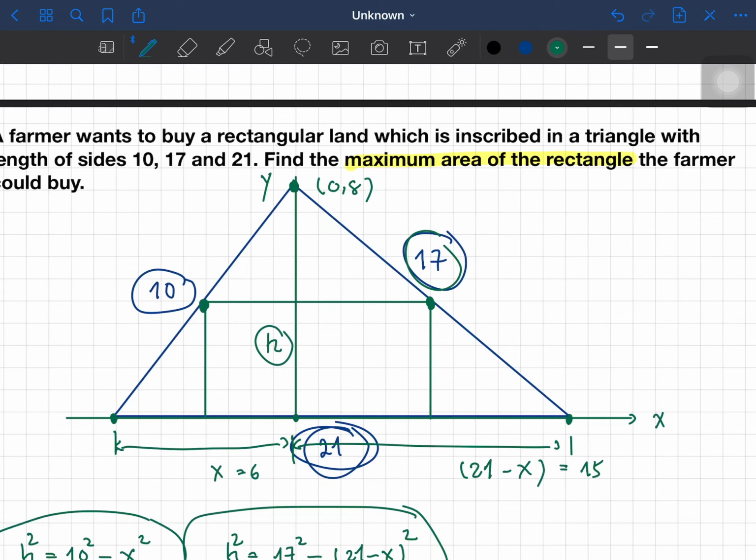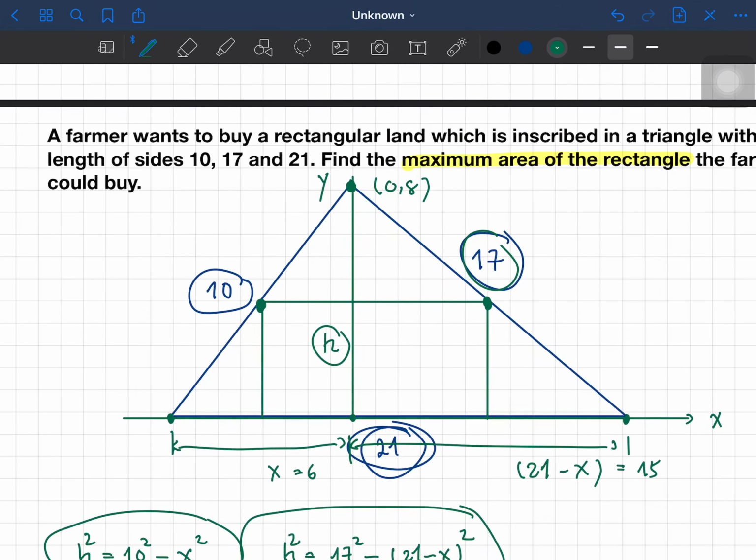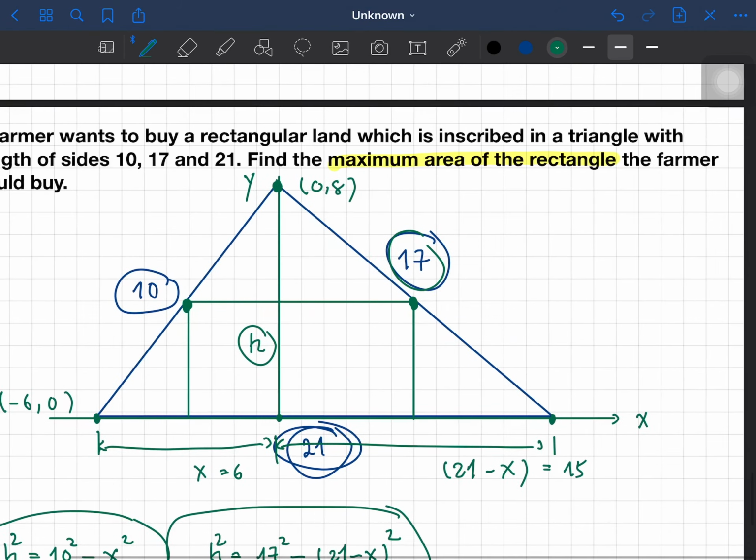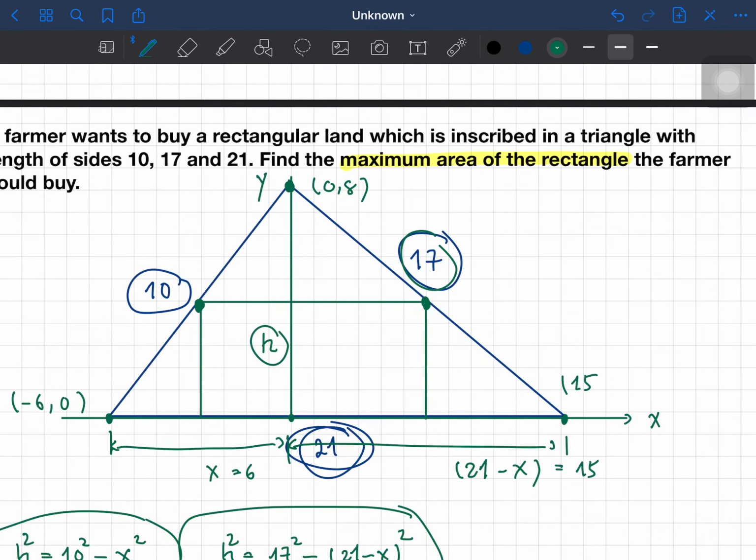And secondly, we can name this point as (-6, 0). And we can name this one as (15, 0).